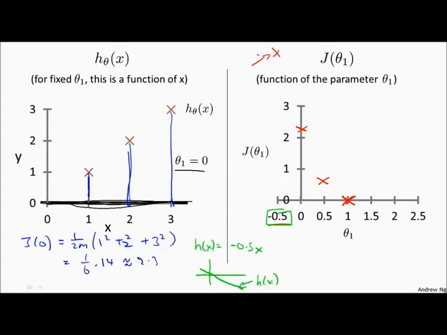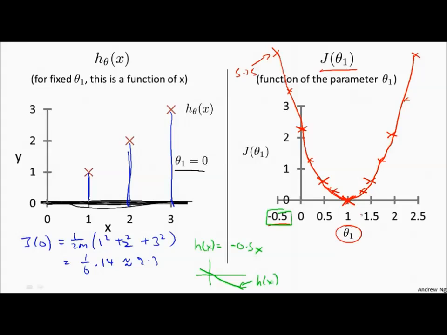It works out to be something like 5.25. And so on. And for different values of theta 1, you can compute these things, right? And it turns out that you compute a range of values, you get something like that. And by computing the range of values, you can actually slowly trace out what this function J of theta looks like. And that's what J of theta is.